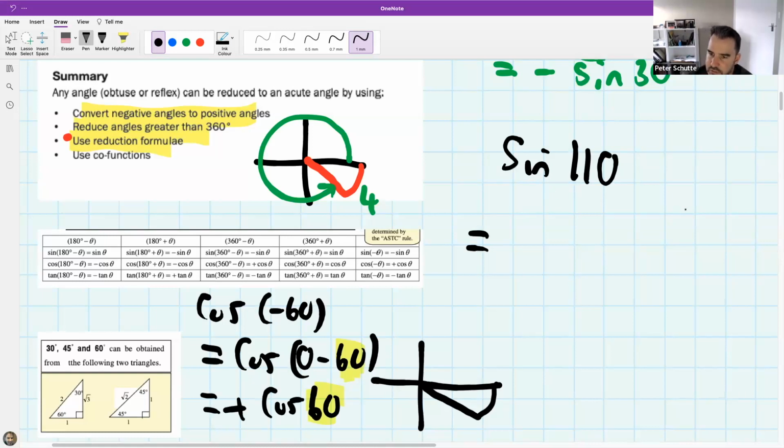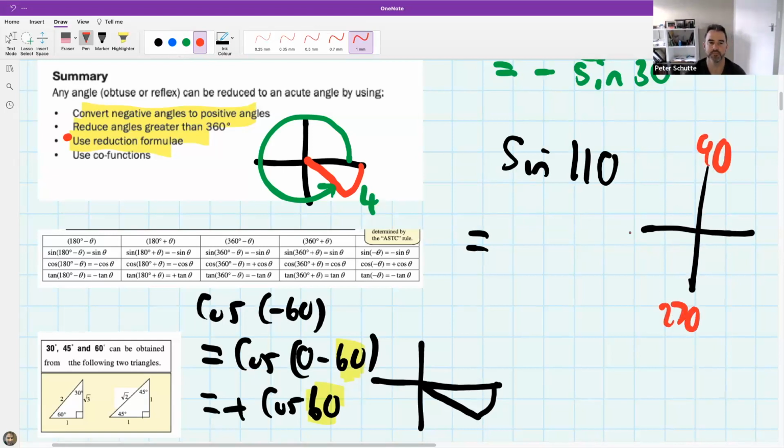What is the nearest vertical line to 110 degrees? It's going to be 90. So using the logic so far, we can say that this is 90 plus 20.